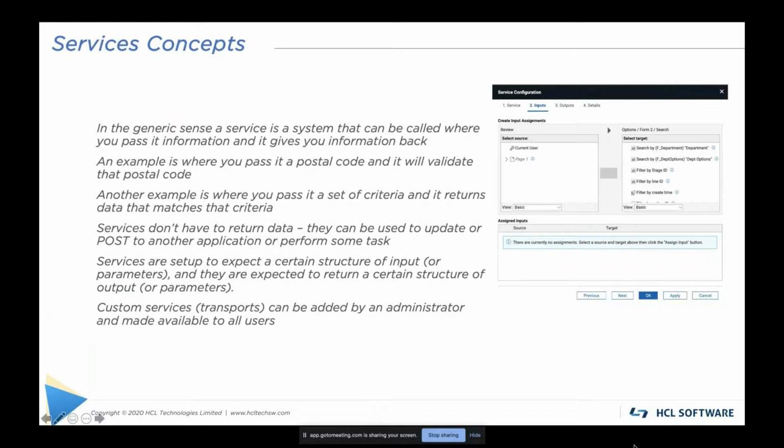Examples would be, if you wanted to do a validation on a zip code or postcode and an address, you could call a service, pass it that postal code, and have it return some sort of result or standards. Another way is to pass information that's stored in Bolt into a backend system like an HR system or a Salesforce CRM, where you're going to submit information to that backend system.